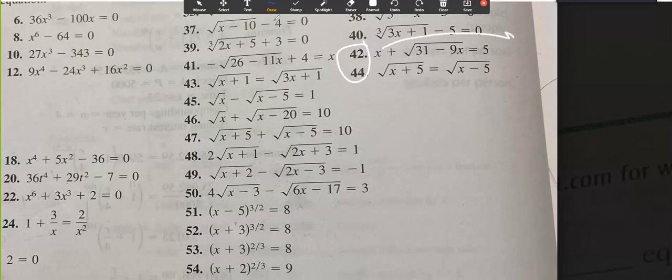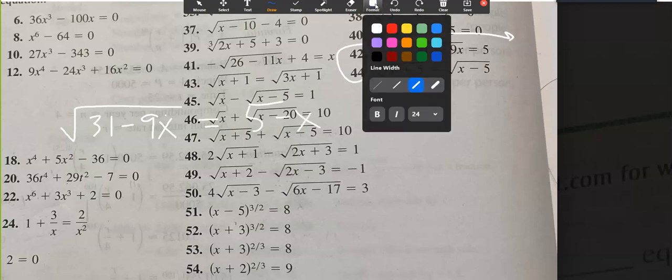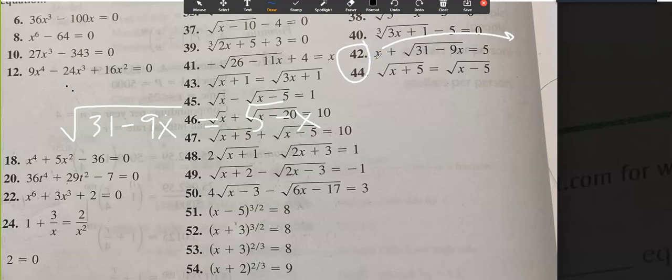Yes. So I'm going to move that x to the other side, and I'm going to have radical 31 minus 9x equals 5 minus x. Okay, so how do we get rid of the radical? Square it. Square both sides, right?